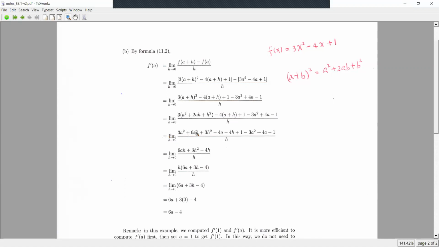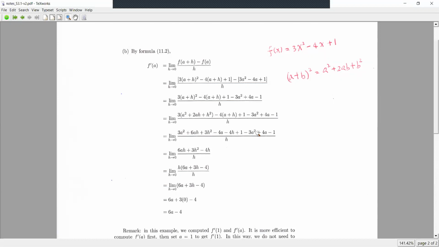Now, in the numerator, there are many cancellations. We can cancel 1 and negative 1. We can cancel negative 4a and positive 4a. We can cancel 3 times a squared and negative 3 times a squared.